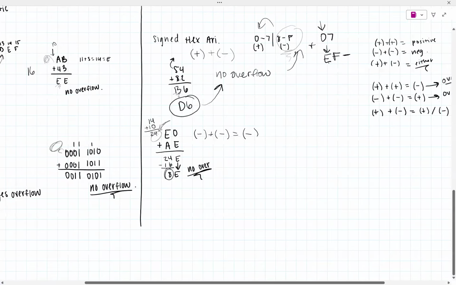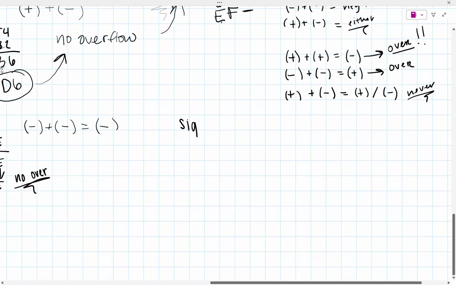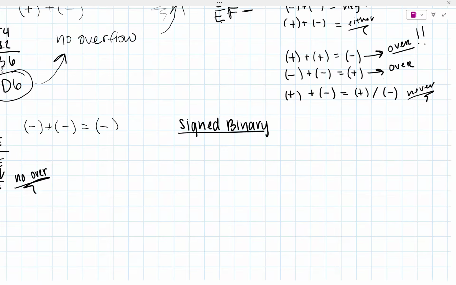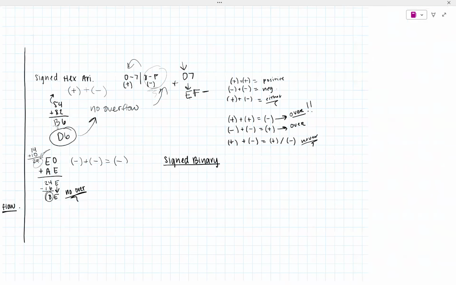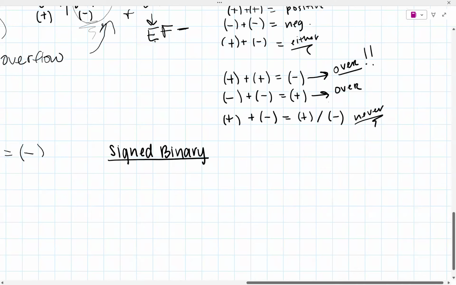So now let's do binary. Same rule applies. We'll take the range of numbers, which is only 0 and 1 in this case, remember, because it's binary.